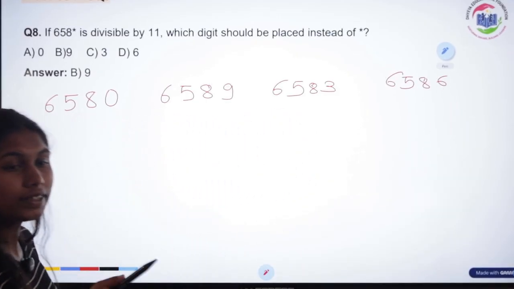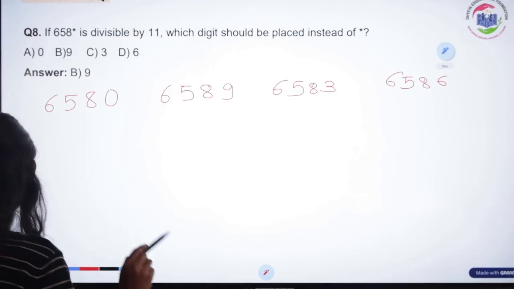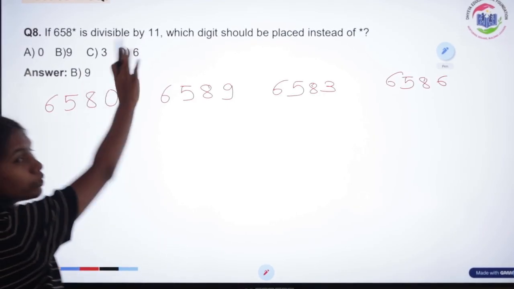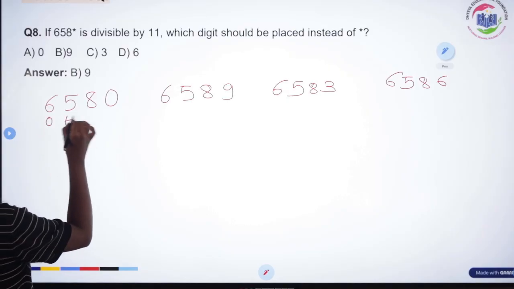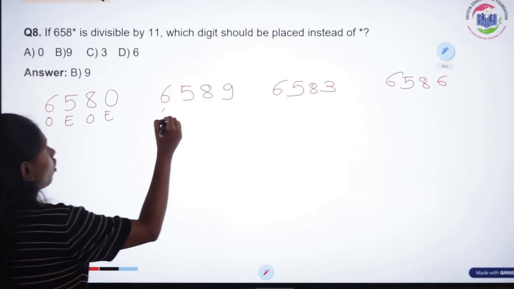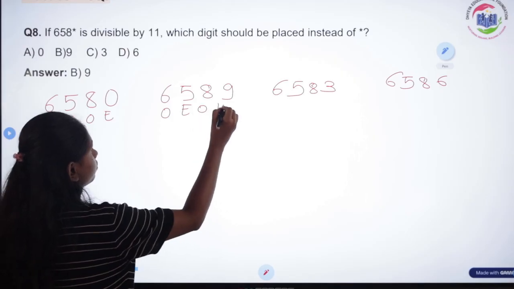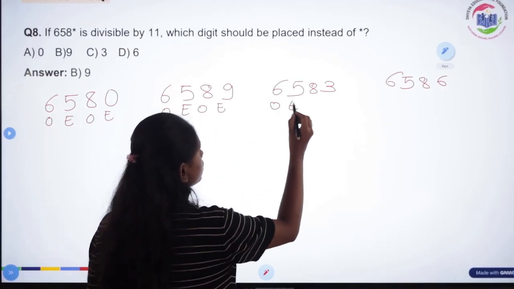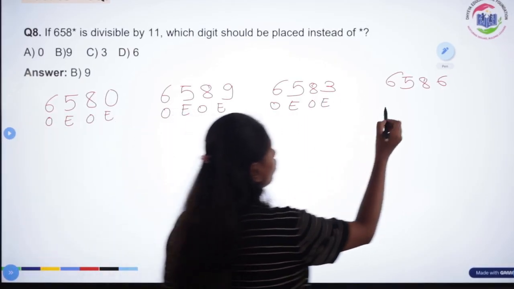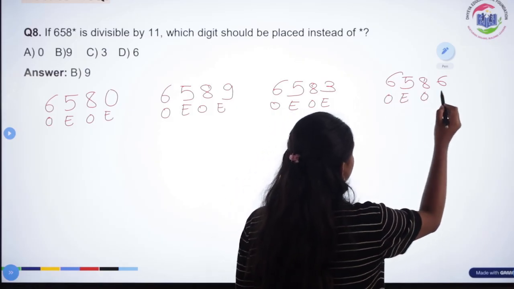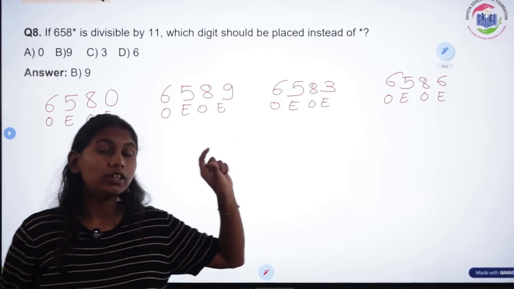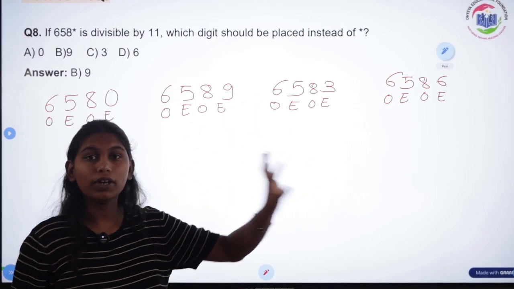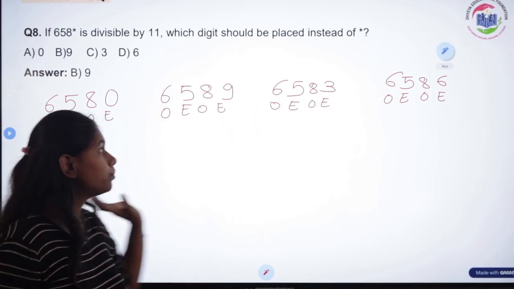Okay, so what is the rule for checking whether a number is divisible by 11 or not? You just have to separate the digits into odd and even positions, add the odd-position digits and the even-position digits, and check whether the difference is 0 or divisible by 11.